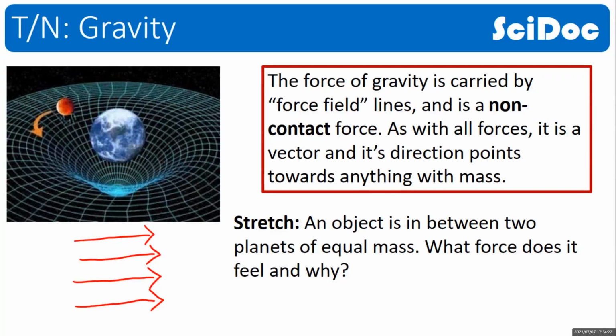The reason it feels that pull is because of the gravitational field around the surface of the earth. Similarly, all masses have a gravitational field around them due to their masses, and we can represent this gravitational field by drawing lines which are known as gravitational field lines or force lines.